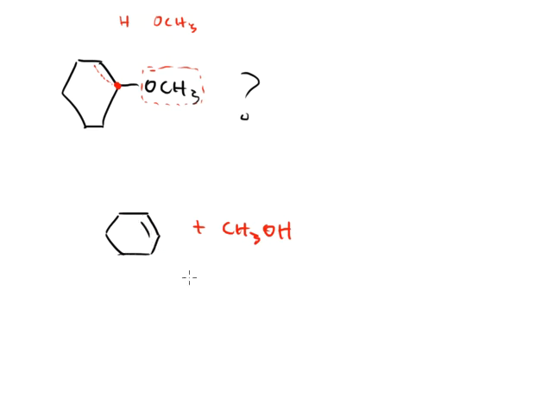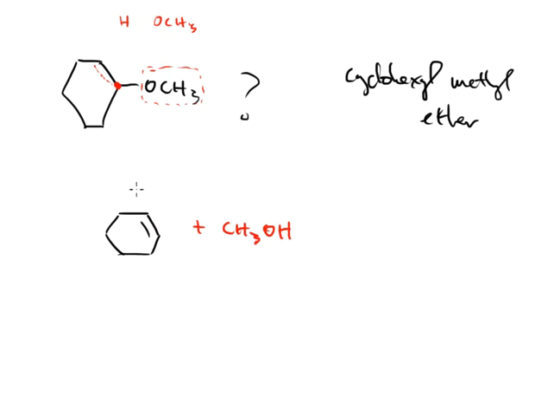So I take cyclohexene and I'm going to react it with methanol, and I will end up getting the cyclohexyl methyl ether. Let me name that again. Cyclohexyl methyl ether. That is the common name for that ether structure. If you do not like that, we can name it a different way.